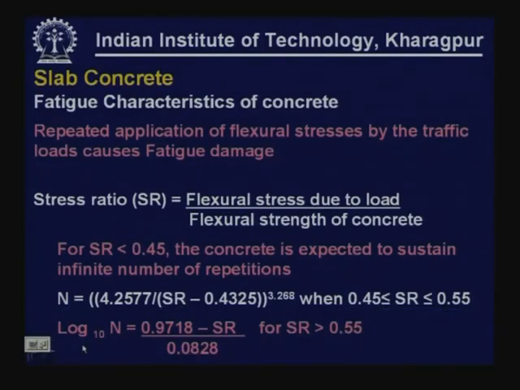So, this is the two-segment relationship. For different ranges of stress ratio, there are different relationships to be used to define the number of repetitions to failure for a given stress ratio.